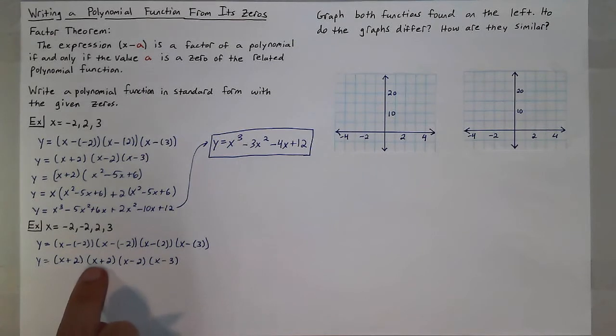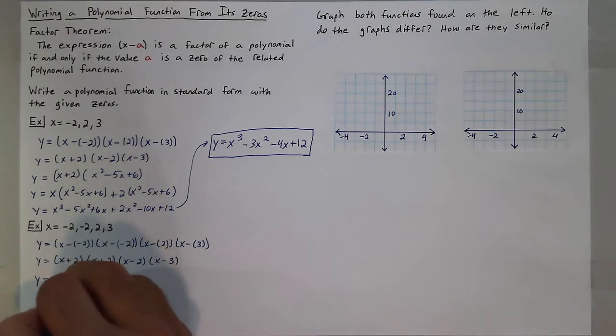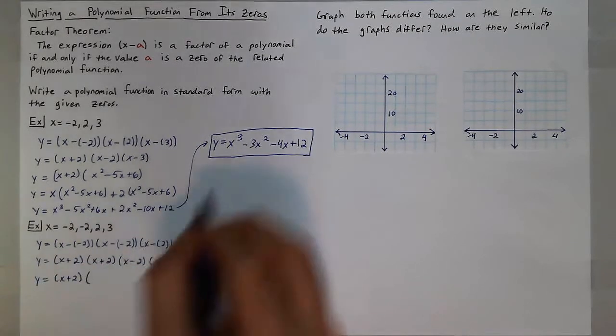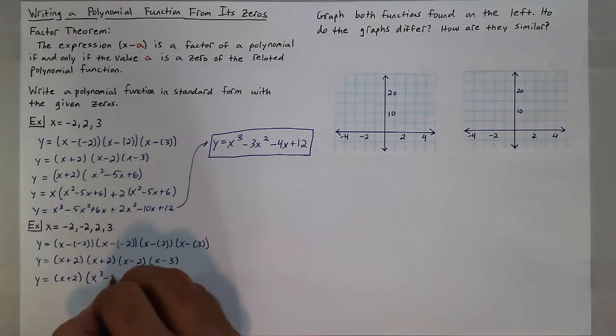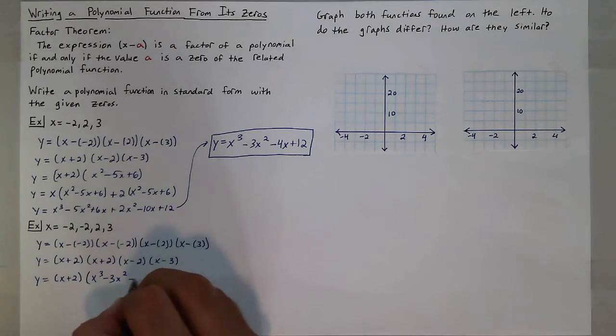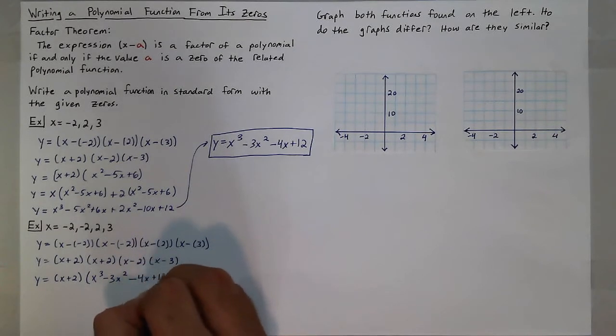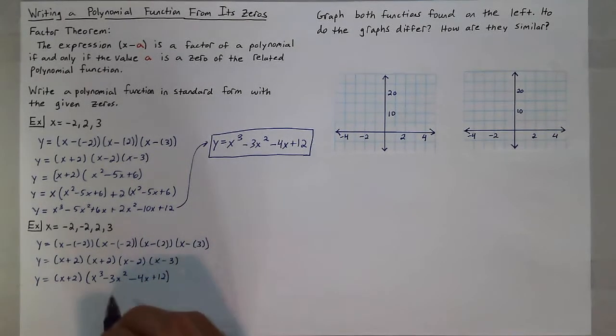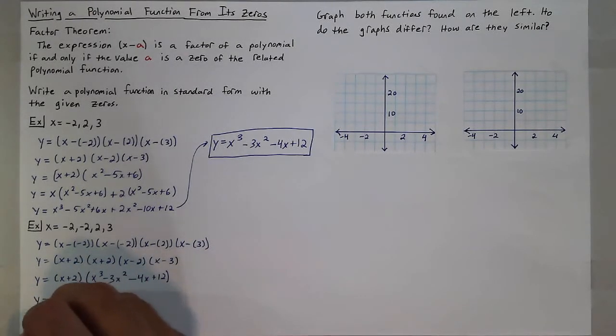So I'll start first. I know what these three multiply together to give me. I'll write this as x plus 2 times x cubed minus 3x squared minus 4x plus 12. And then I can distribute that cubic polynomial into x plus 2 to see what the new standard form polynomial would be.